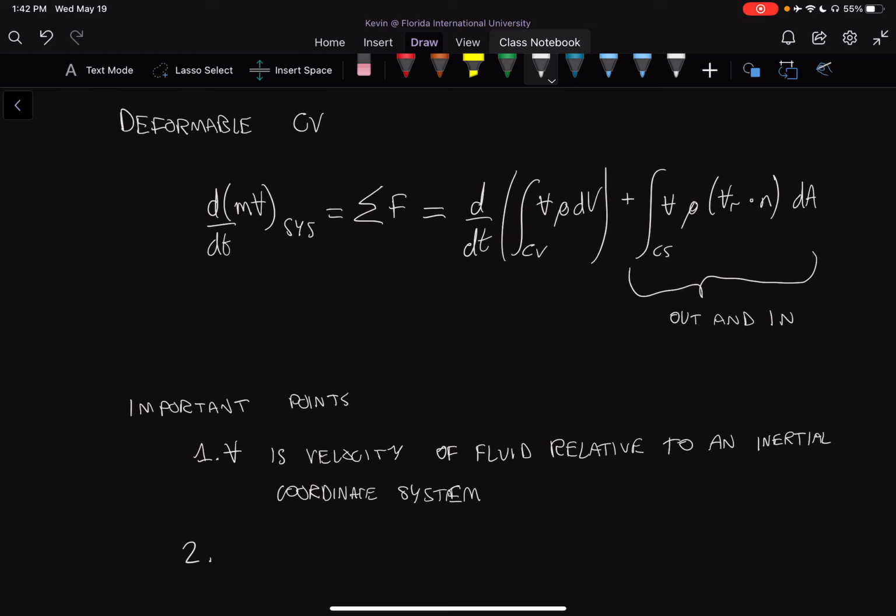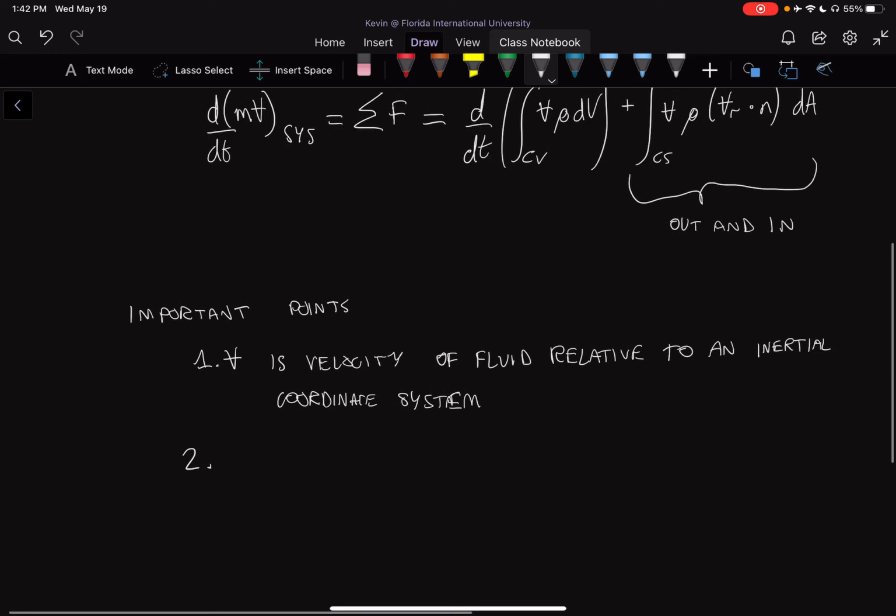Number 2 is that the sum of the forces are the forces on the system, and that's usually called free body forces. Those forces are on the system.